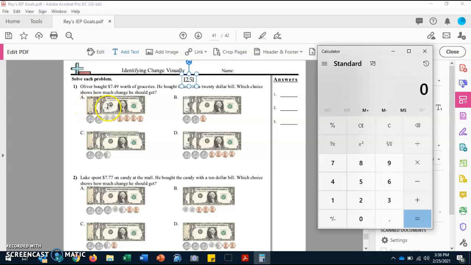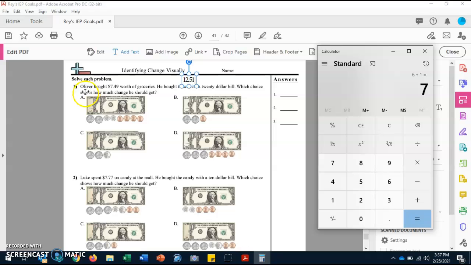So if we add this money together, how much money do we have? So we have 5 plus 1 plus 1. We can put it in our calculators if we do not know. It is totally okay. So 5 plus 1 plus 1 equals 7. So before we even count the coins, is $7 our change?